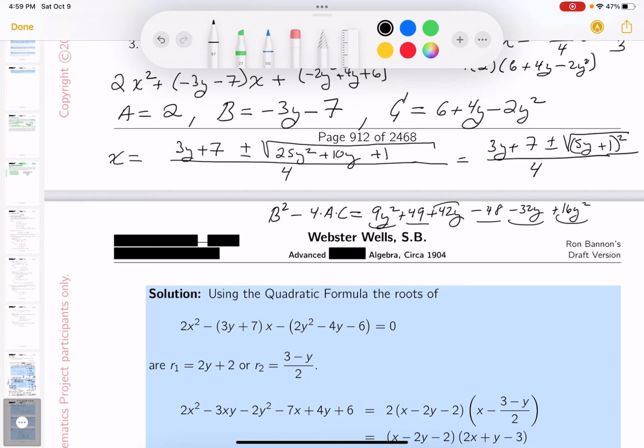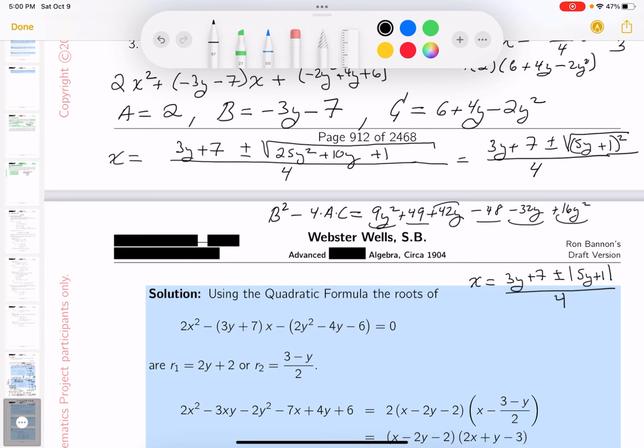All right, let's put this down. So it's going to be x equals 3y plus 7 plus or minus. Now, by the way, in reality, it's really the absolute value of 5y plus 1 over 4.